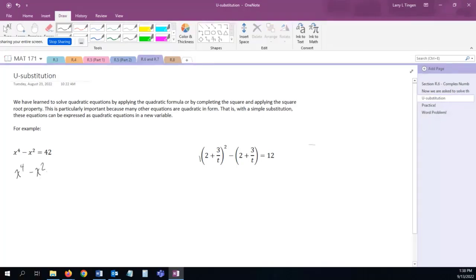And there's my pen. I keep losing it. Minus 42 equals 0, right? If this were just x squared and x and minus 42, I'd have it. Well, I think I can make it look like that, because notice that the highest power is double the next power, right? x to the fourth is x squared squared.